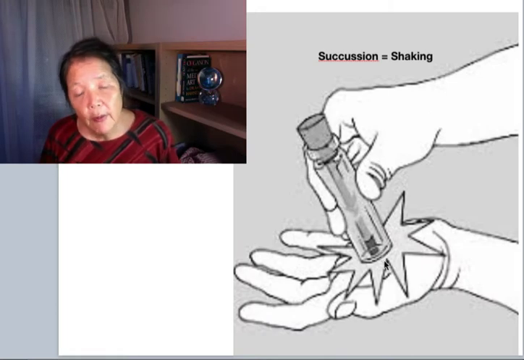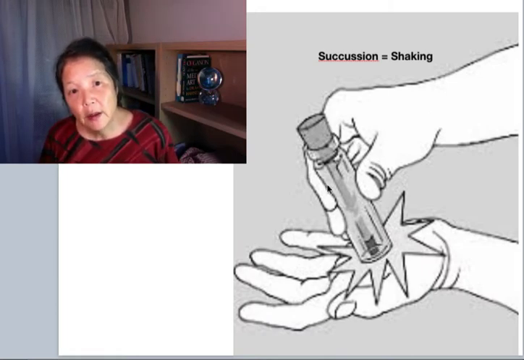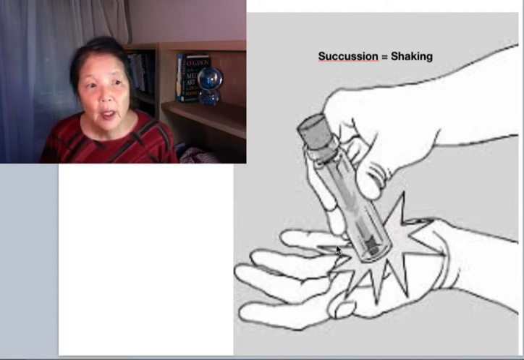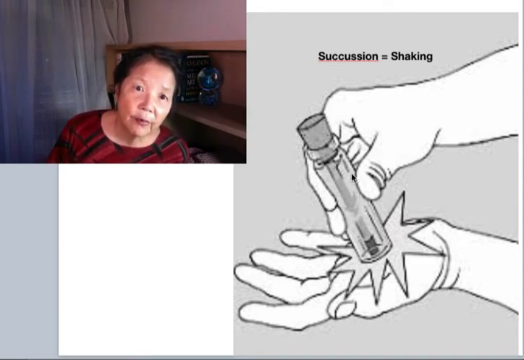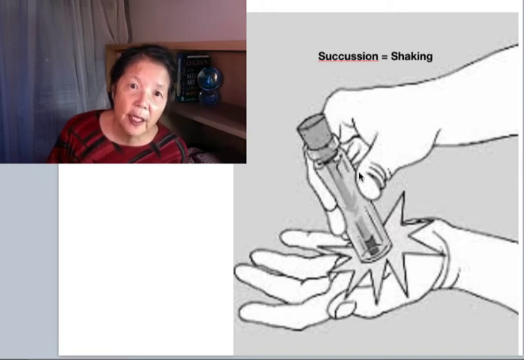Now, when you give a remedy, you're succussing it in the bottle. This wet remedy that is in water is in the 6th edition of the Organon, the basic book where the basic ideas of homeopathy are all written down.